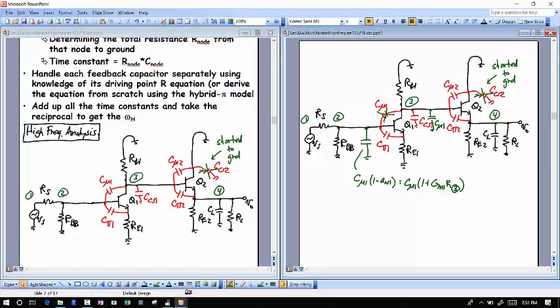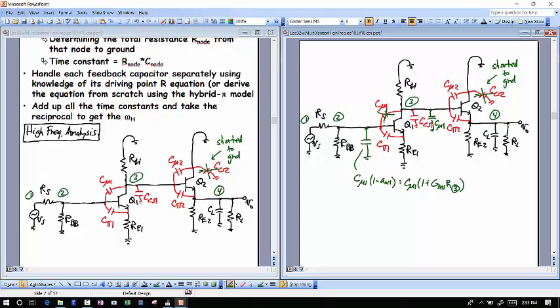Okay? So that's how I'm handling that C mu 1. How about C mu 2? What am I going to do with that? Collector to ground. Yeah, I heard it. It goes to ground. It's already shorted to ground, so I don't have to use any Miller effect on that. Its other side is going to ground, so that's just shunt to ground right there.